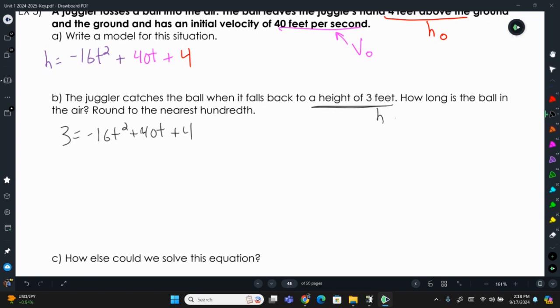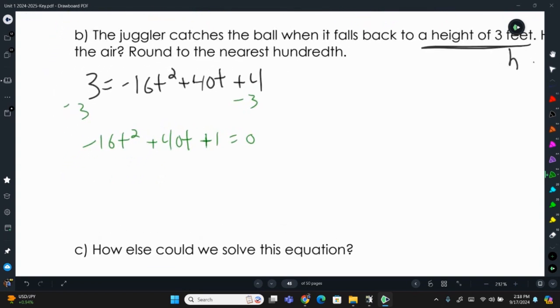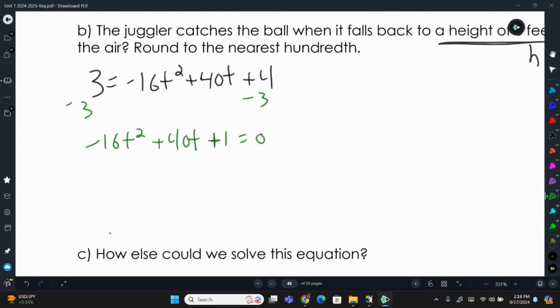So now we can use the quadratic formula for this. It is going to give us some potentially ugly numbers, but that's okay. Subtract 3 from both sides. We have negative 16t squared plus 40t plus 1 equals 0.